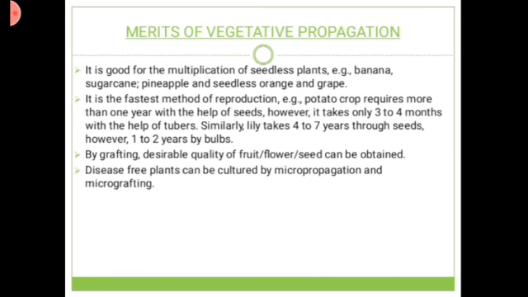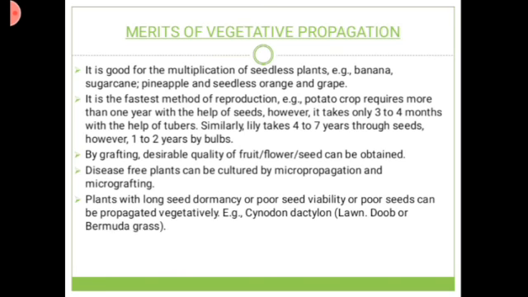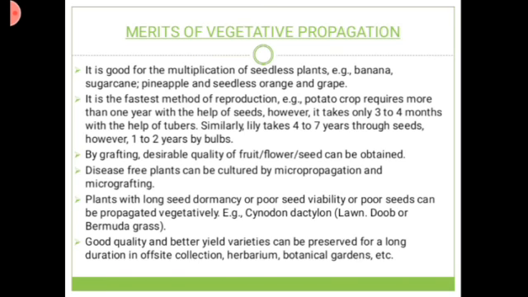By grafting technique a desirable quality of fruit, flower or seed can be obtained. Disease free plants can be formed. Good quality and better yield varieties can be preserved for a long duration, and it gives 100% genetic similarity to their parents. That is also called a clone.